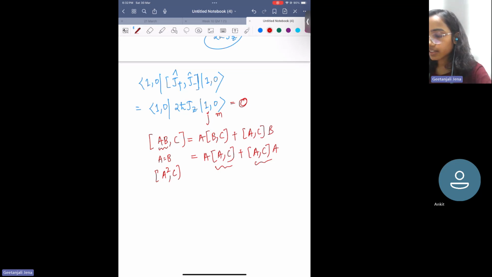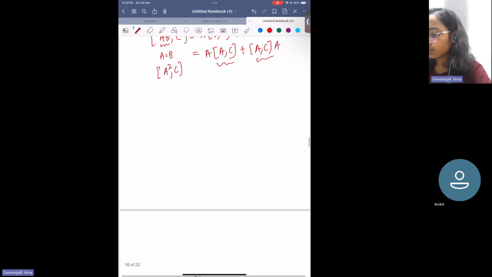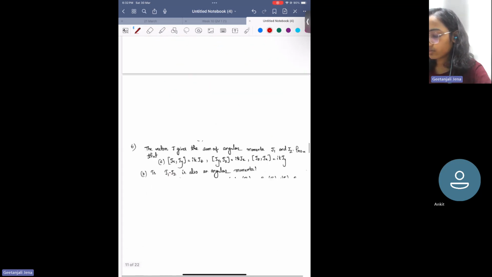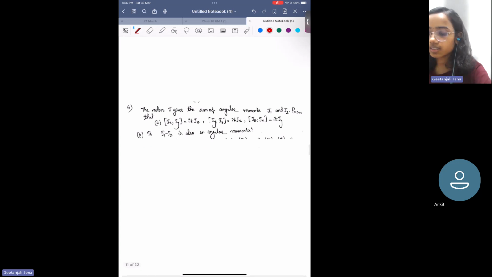If you already know those, then you can easily find out the expression for other commutation relations. So you don't have to remember all the commutation relation values. You just have to remember only those that are essential.